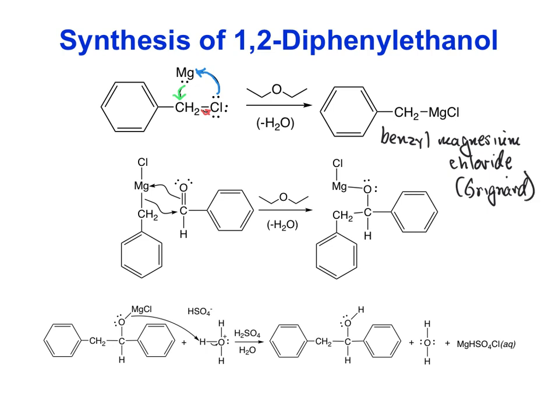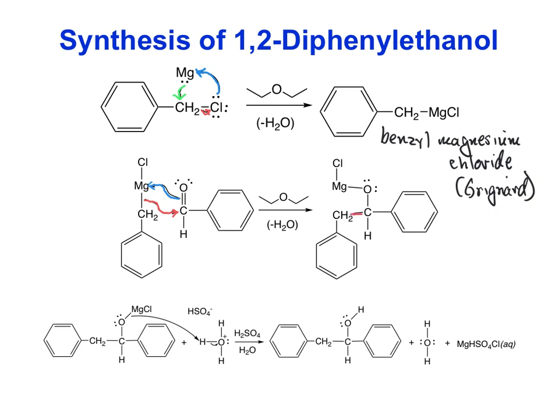Right? That is your Grignard reagent. Then, after the Grignard reagent has been created, we will add our benzaldehyde as our electrophile. So the pi bonds interact with the magnesium, acting as the electrophile. Then that frees these electrons in the carbon-magnesium bond to go to the carbon, right?